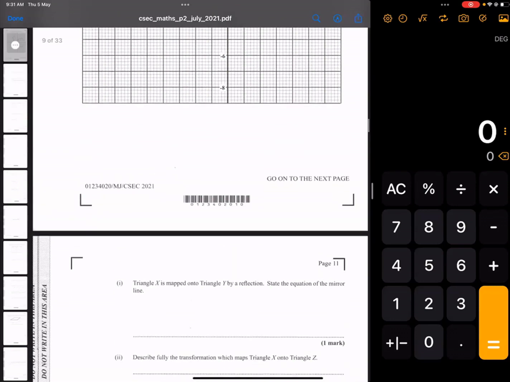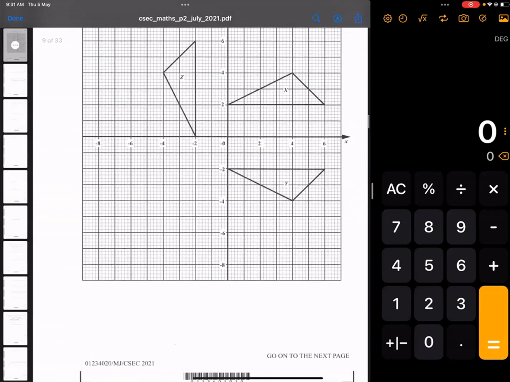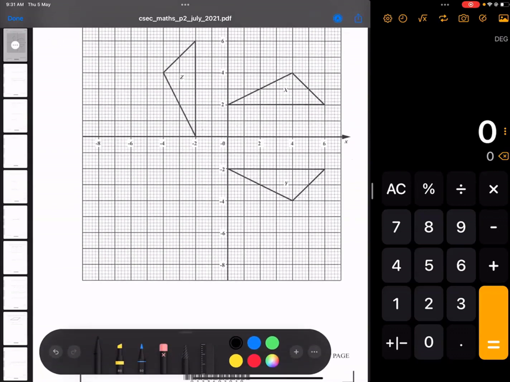So let's look at triangle X and triangle Y.